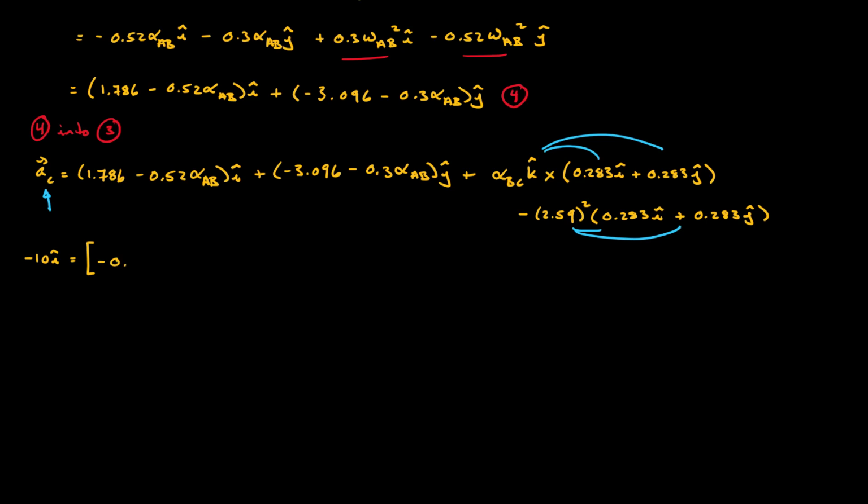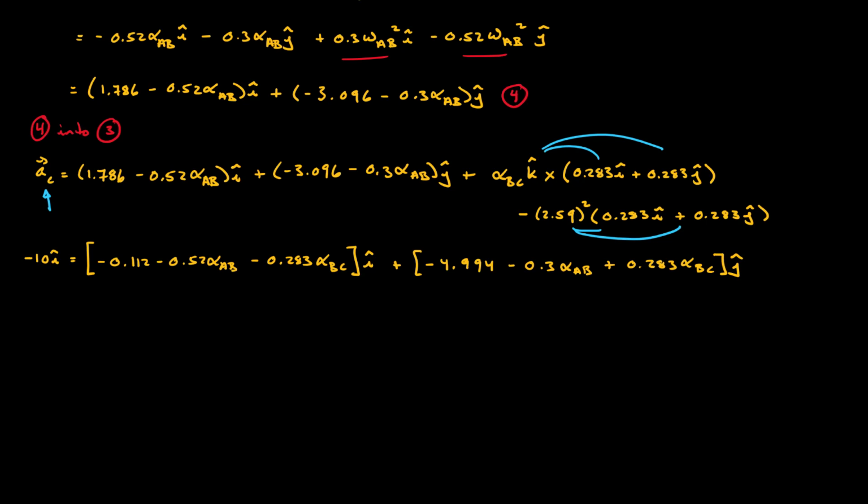So we have negative 0.112 minus 0.52 alpha AB minus 0.283 alpha BC in the i direction plus negative 4.994 minus 0.3 alpha AB plus 0.283 alpha BC, all of this in the j direction. So again, in this vector equation is embedded two scalar equations, one for the i direction, one for the j direction. So the left-hand side could be written as negative 10i plus 0j.